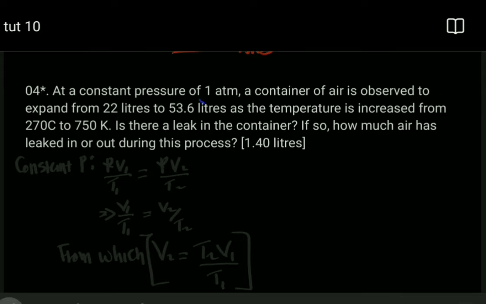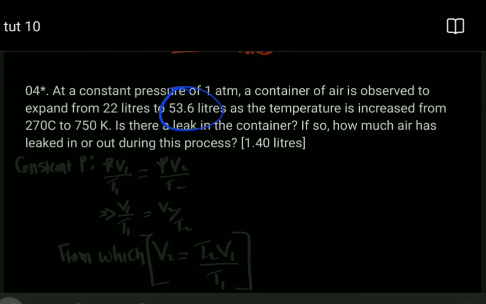Okay, so this is the observed value of V2 right here, 53.6 liters. So we are going to obtain another value of V2, and then we see whether or not it is greater than the observed value, from which we can make a conclusion to say whether or not the container is leaking.